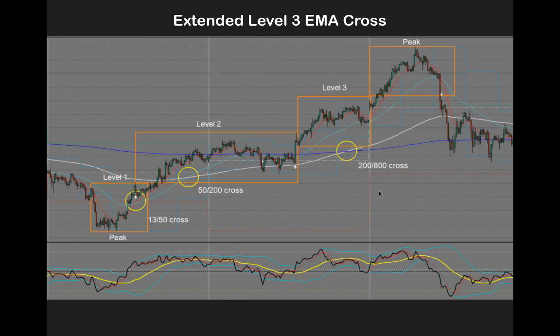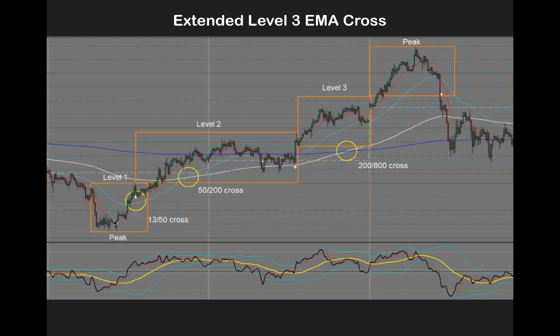All right, and this would be an extended level 3, which actually came and gave you a peak formation above the level 3. And then you also have this extra 200-800 cross, and you even have a 50-800 cross here, and then the EMAs you can see fanned out. So here, let's take a look from the beginning. We have our peak formation low.